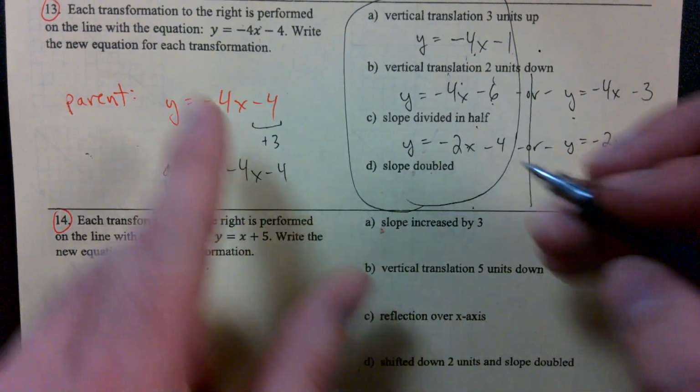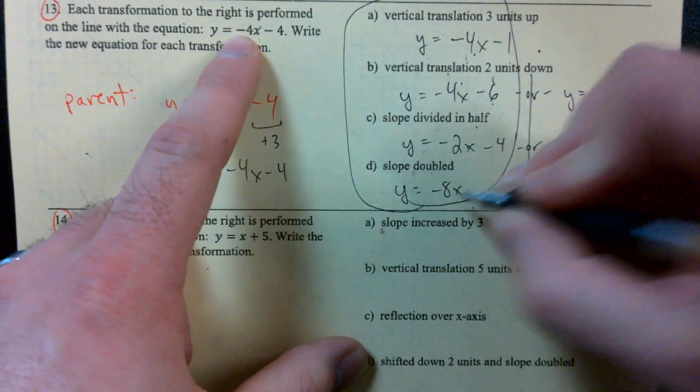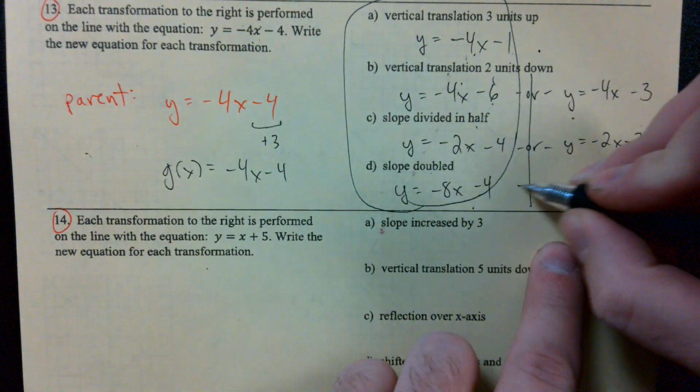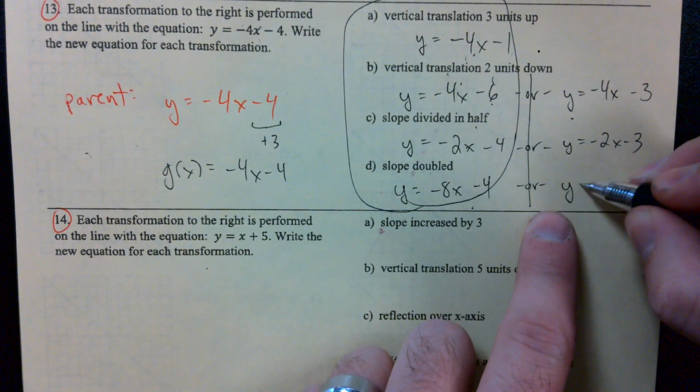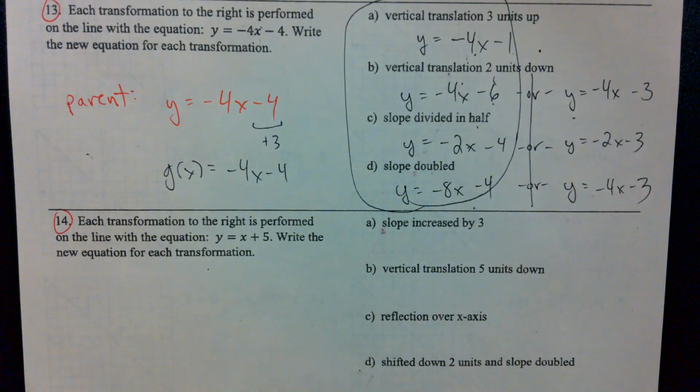If I double the slope, if my original slope is -4 and I double it, what is it now? -8. -8x minus 4. Or if you took c, you get -4.